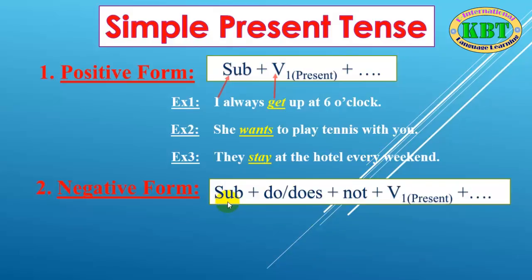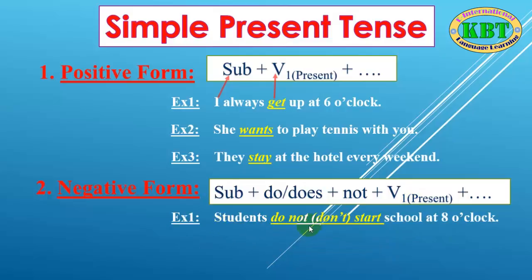Subject, as you know already. Do or does here is the auxiliary verb, plus not here, and verb 1 or verb in present. So let's go to the examples.